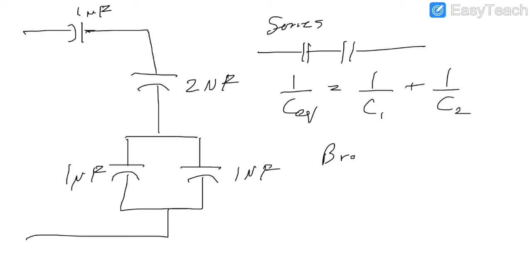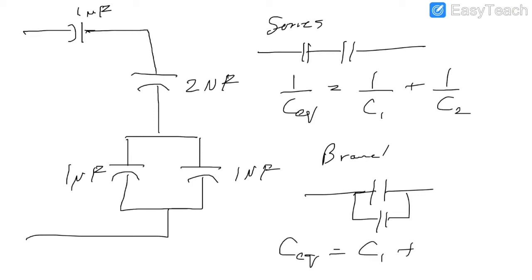And if you have capacitors in branches, sort of like this, it's just the sum of the individual capacitances. So all we've got to do is remember it is the opposite of resistance. So I'm going to start slow.